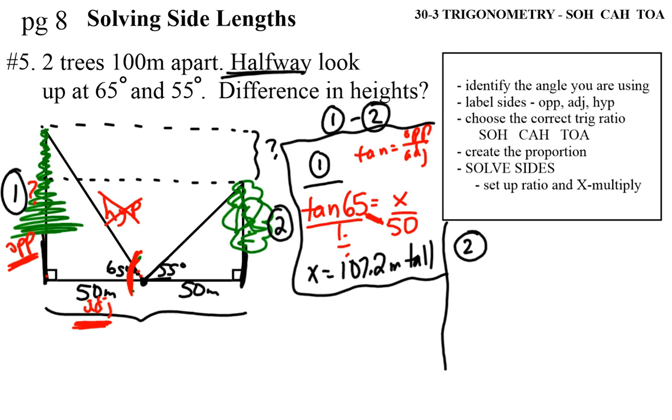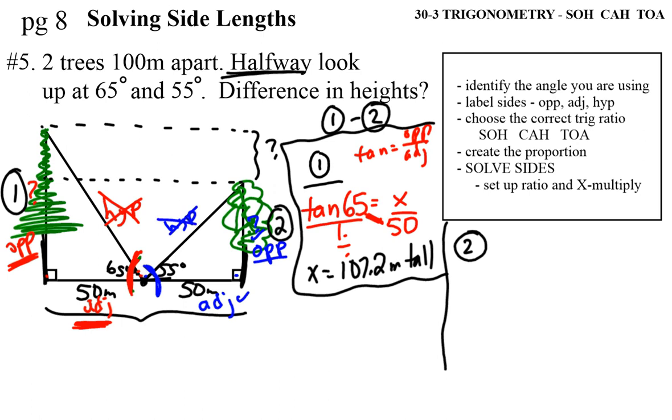Well, now I have to do the same thing for tree number 2. It's a whole new triangle. Reference angle, use the one that's given. Label the sides. Opposite our 90 is hypotenuse. Opposite the reference angle is opposite. That's what we're trying to find, and then we're left with the adjacent. So, which side is of no use? We want the opposite. We have the adjacent.